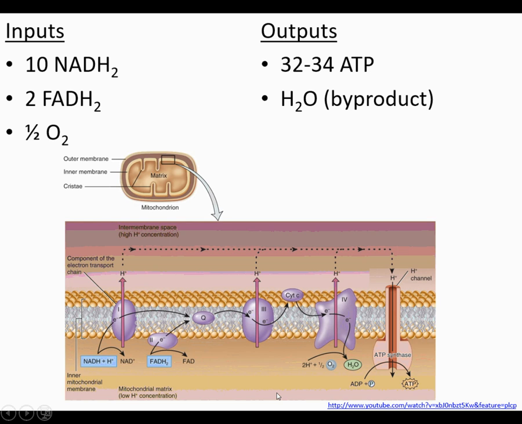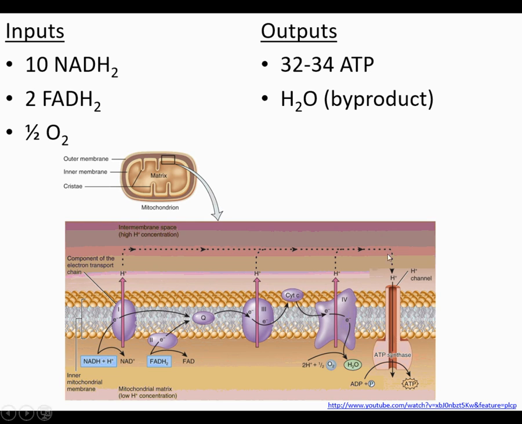Well, there just so happens to be, next to those electron transport proteins, an enzyme. This is the only enzyme in the entire lecture that you need to know, and that is ATP synthase. Guess what that enzyme does? Based on its name, it synthesizes or produces ATP.